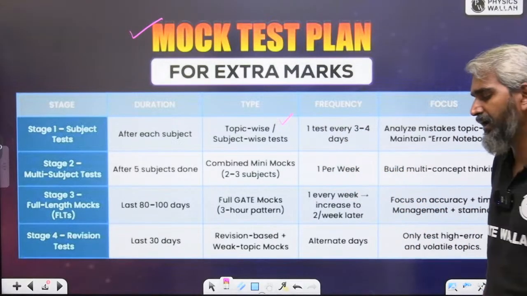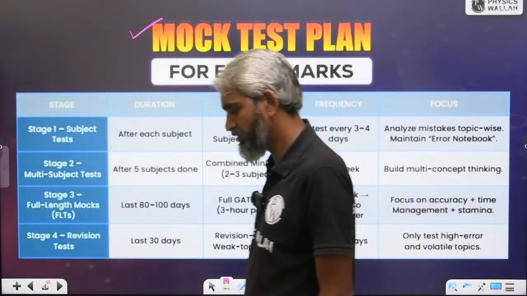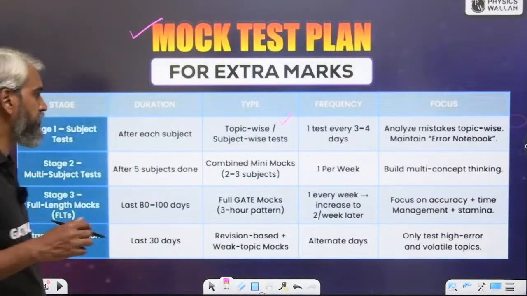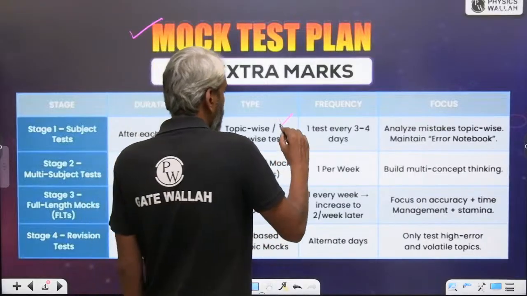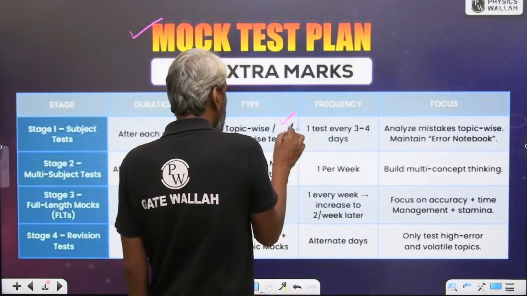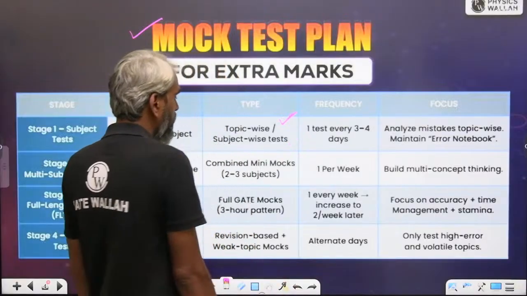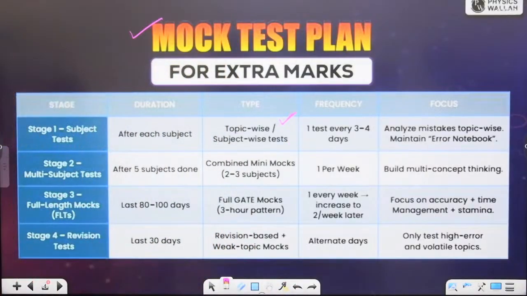Let's assume we are learning discrete mathematics. If I'm done with sets, relations and graph theory, then you can appear for the subject-wise test of set theory and algebra and graph theory.